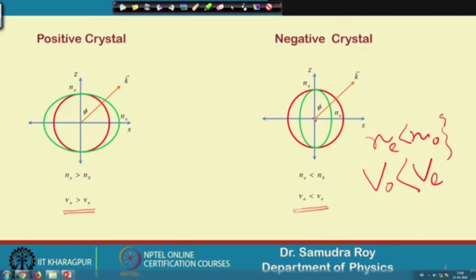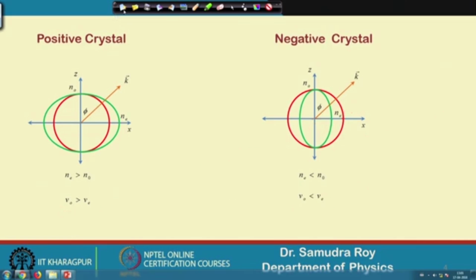Because like the previous case, the value of this portion from here to here is nothing but the value NE, and from this point this value is NO. So, lengthwise you can easily find that NE is less than NO. The typical index surface figure, the two dimensional index surface figure, is something like this in a negative crystal.